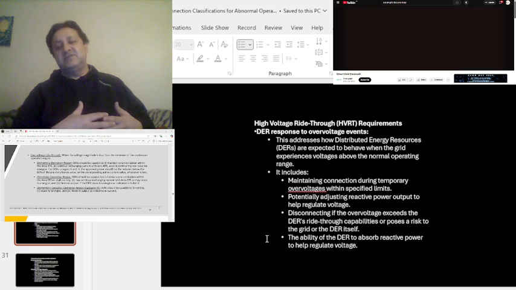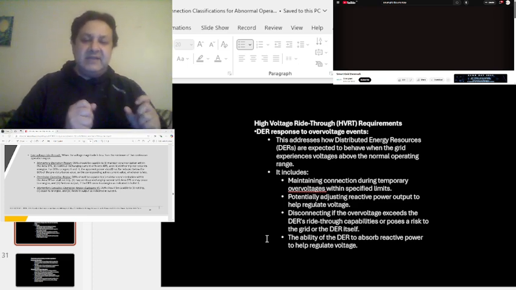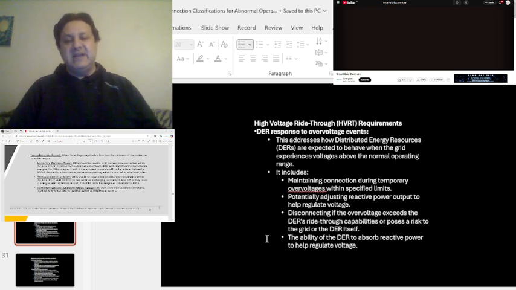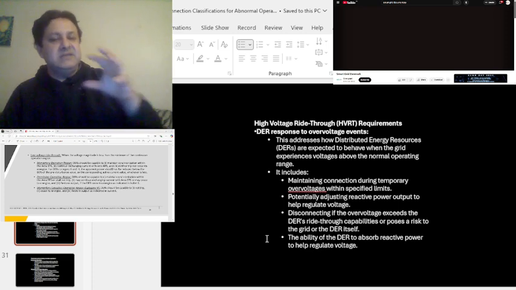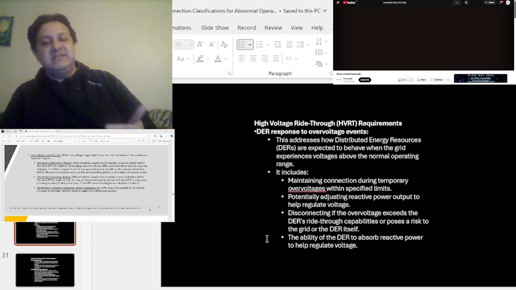So it has to be maintained, like maintaining connection during a temporary over voltage, potentially adjusting reactive power outputs to help regulate voltage. So you see the role of the reactive power. Sometimes you inject or absorb, and the key is that it remains somewhere there. Disconnecting if the over voltage exceeds the DR's ride through capability is important, because every DR has its own ride through capabilities.